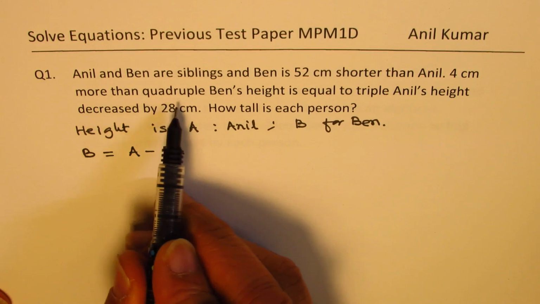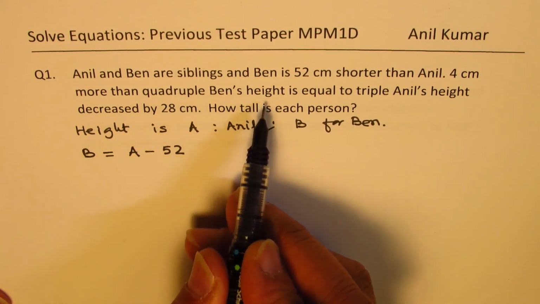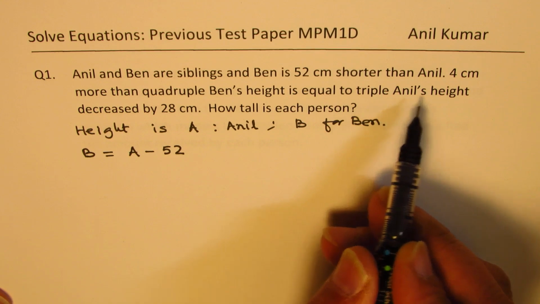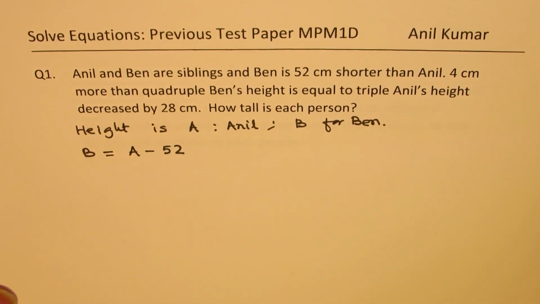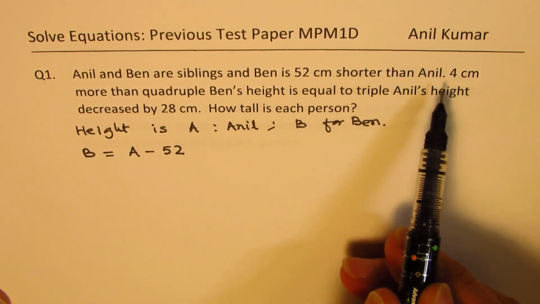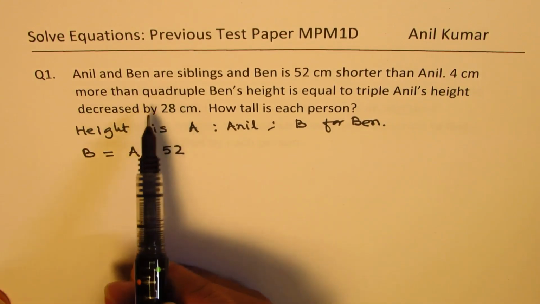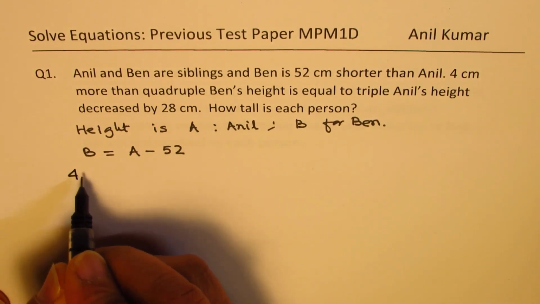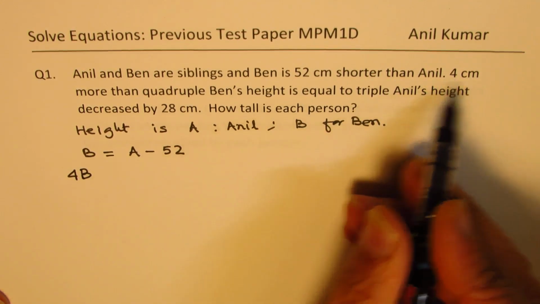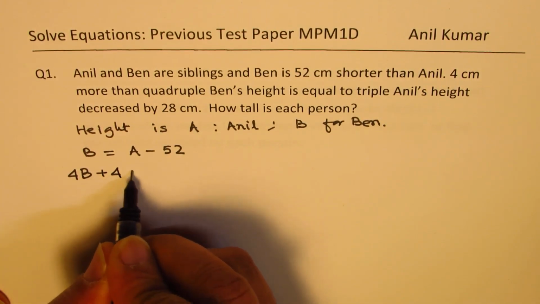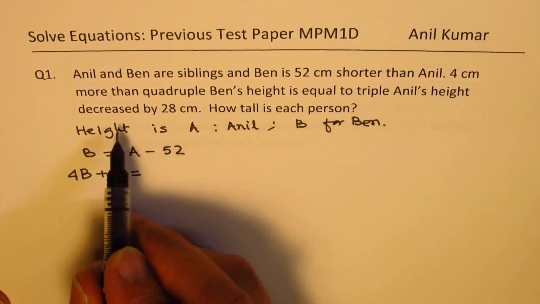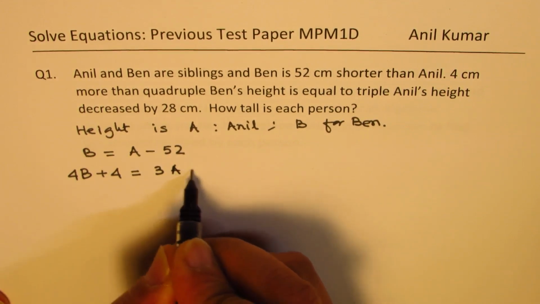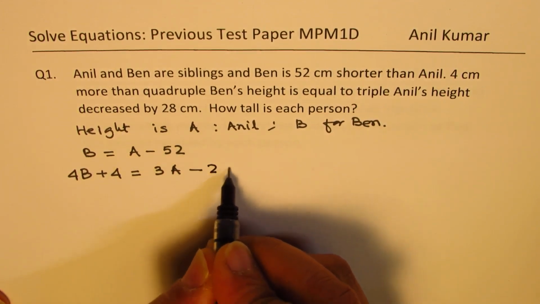4 centimeters more than quadruple Ben's height is equal to triple Anil's height decreased by 28. Right? So this is a very tricky statement which we need to write in the form of an equation. It says 4 centimeters more than quadruple Ben's, means 4 times B and then 4 centimeters more, so plus 4, is equal to triple Anil's height decreased by, so 3 times A decreased by 28.